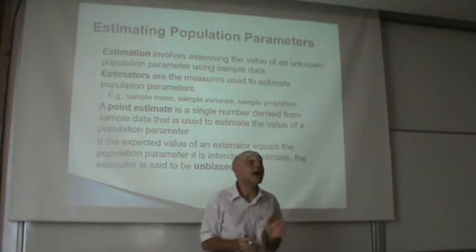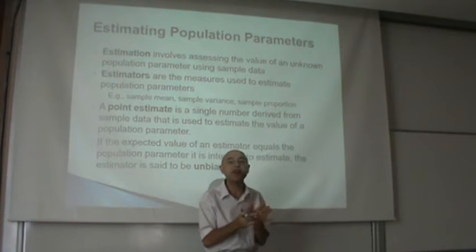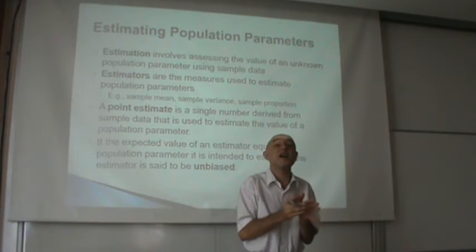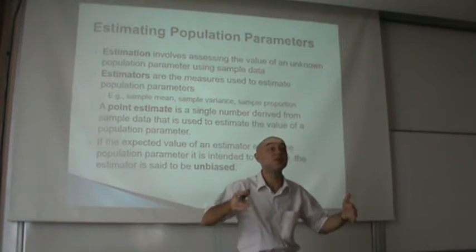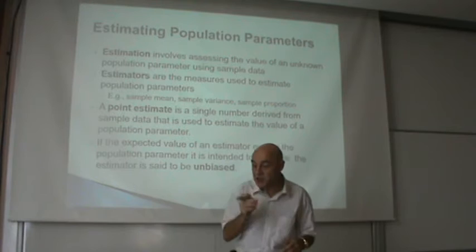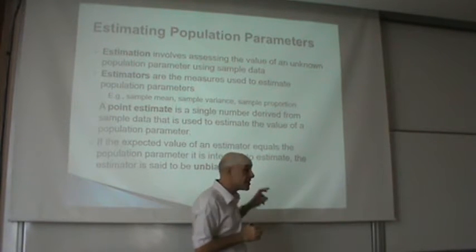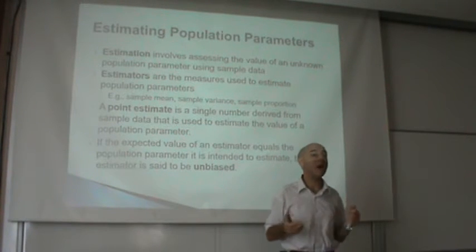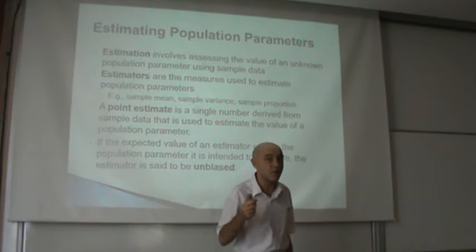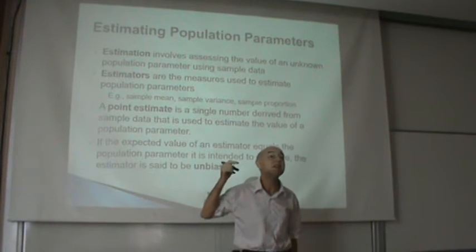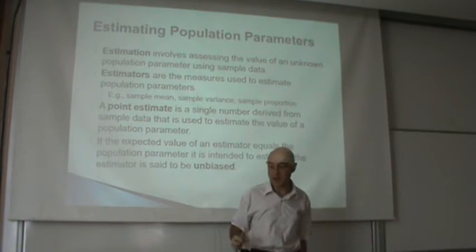In other words, is your calculation going to give you an exact number or not, especially as you increase the sample. So in general, you want the estimate to be unbiased. And most of the basic estimates that we use, the most basic stuff, is typically unbiased.